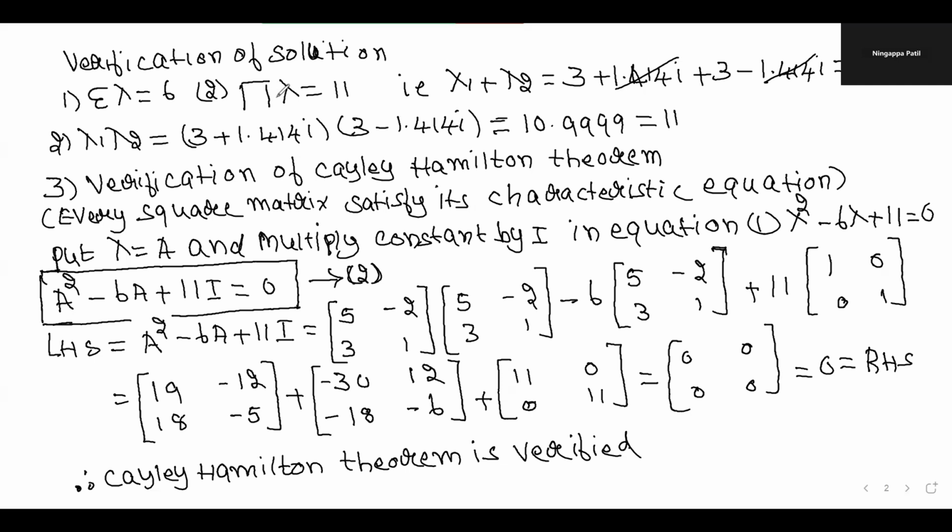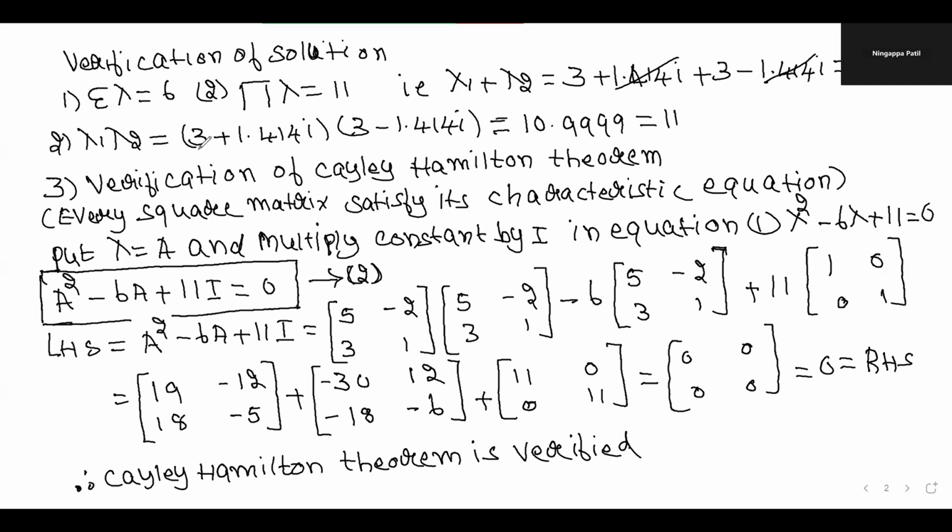And the product of lambda 1 into lambda 2 equal to the determinant value, that is 11. Then look here. Summation of lambda means lambda 1 plus lambda 2: 3 plus 1.414i plus 3 minus 1.414i. Then minus and plus get cancelled, and 6. Look here, 6 you got.